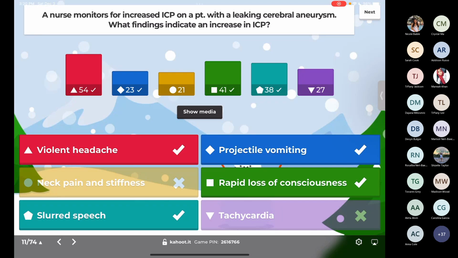Good job, guys. So all of the following are increase in ICP. What's interesting about Cushing's triad is that we'll actually start to see the patient bradying down.